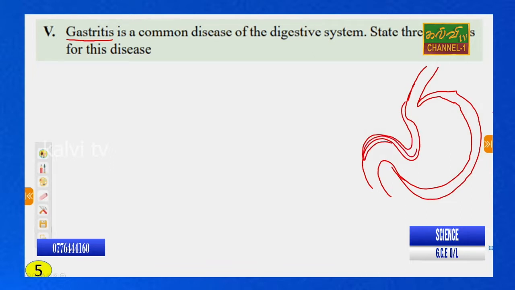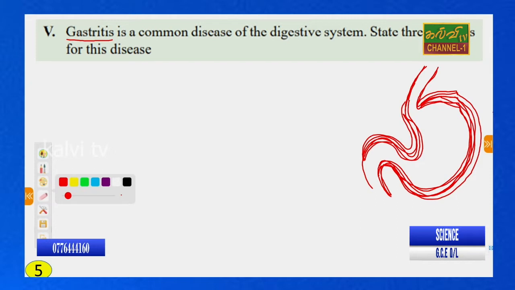Everyone knows there are special thick muscles here. The kind of muscles in the digestive system are smooth muscles. The smooth muscles specially constructed the stomach. But here there is a special substance lining the internal surface.